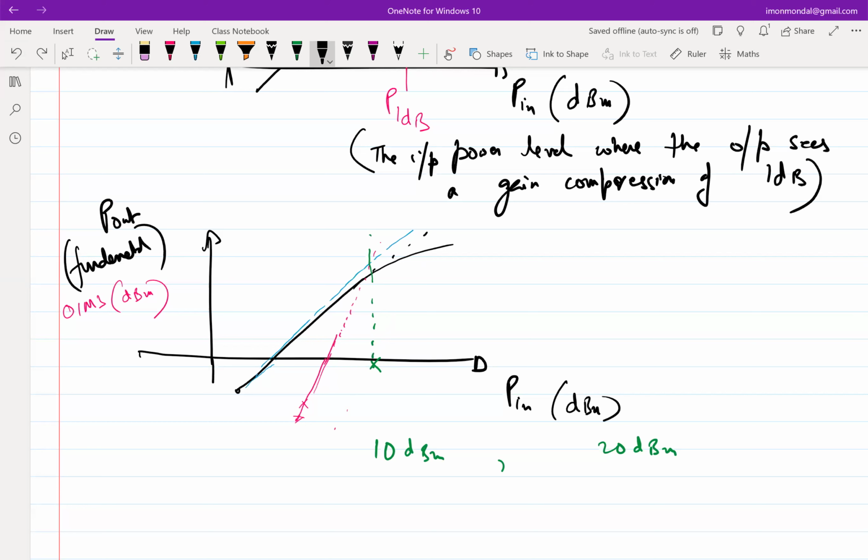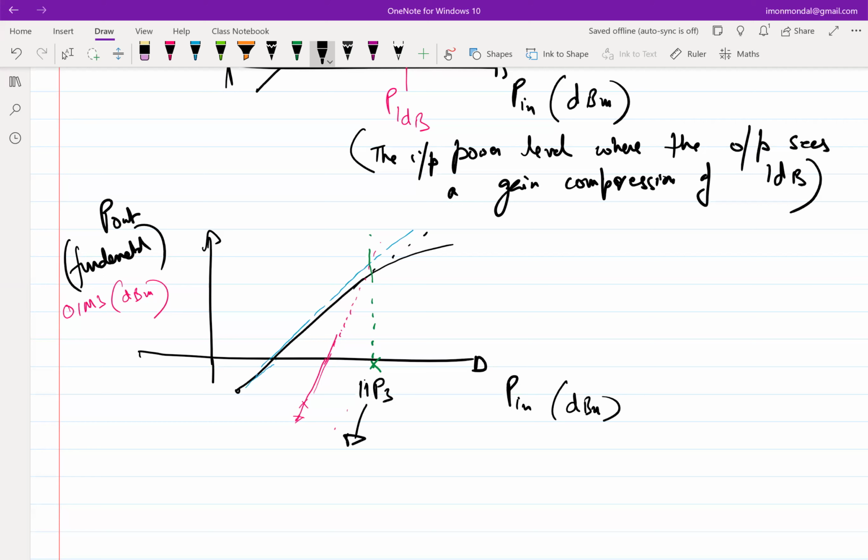So this intercept, at the input referred, is called IIP3, which essentially means the input referred third order intercept, where the extrapolated IM3 becomes equal to the extrapolated fundamental power, right?